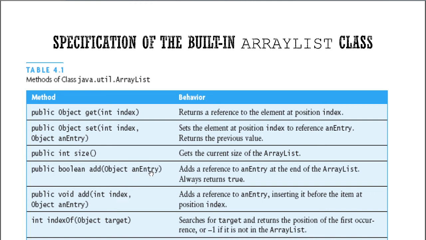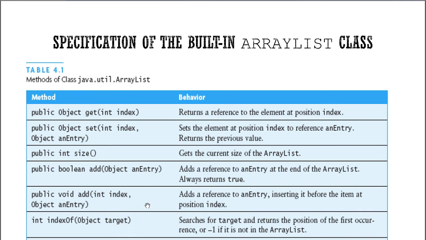The first one, with no position in the parameter, means that you are going to insert a new element at the end of the ArrayList. But with this one, if you want to insert an element at your desired position, which index, for example the middle, number 2, third, or if you want to insert at the front, use this one. If you want to insert at the end of the ArrayList, use the other one.